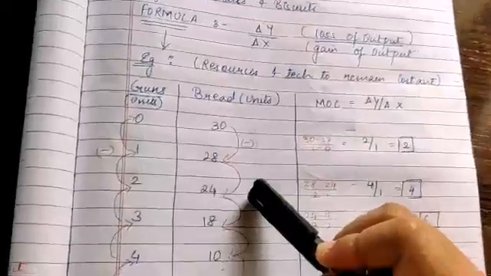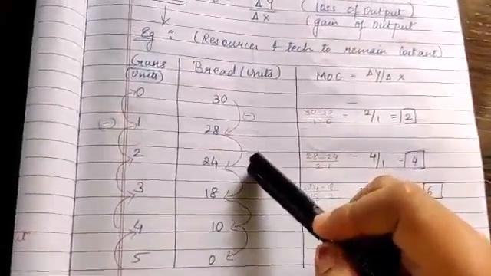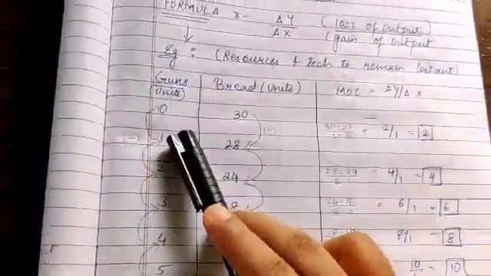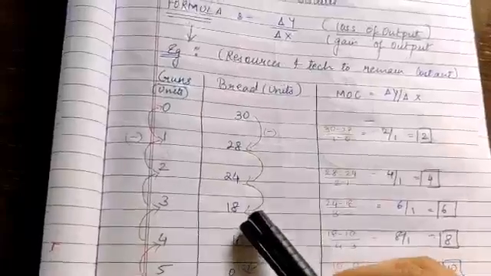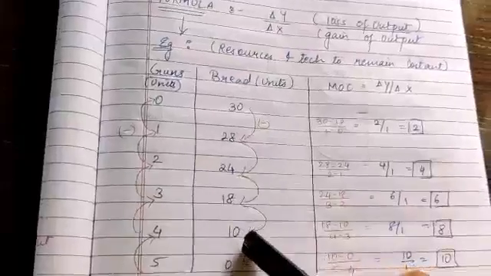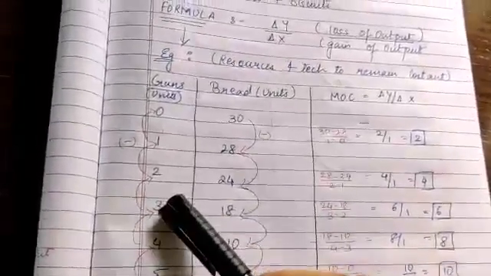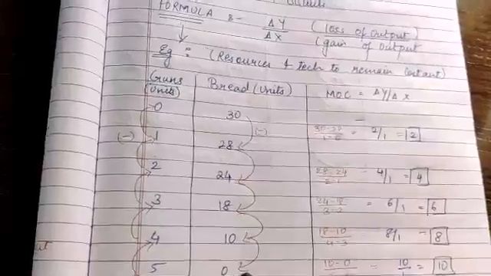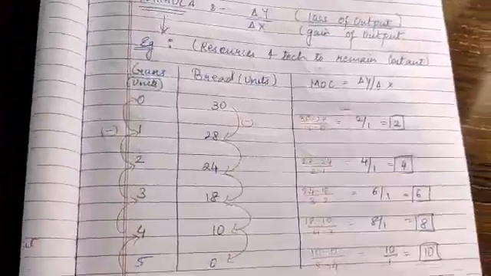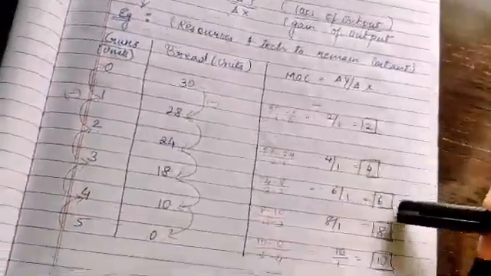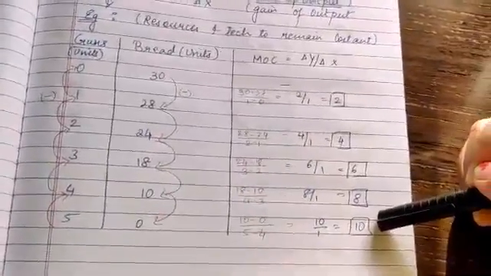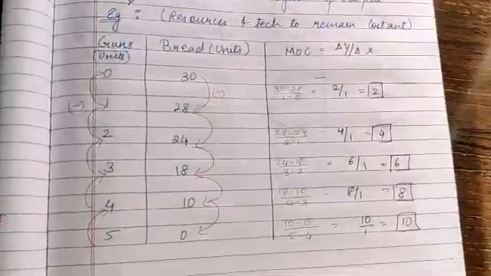Similarly, I have given arrows showing how to calculate: 28 minus 24 divided by 2 minus 1, 24 minus 18 divided by 3 minus 2, 18 minus 10 divided by 4 minus 3, and 10 minus 0 divided by 5 minus 4. So this is how you will get your marginal opportunity cost: 2, 4, 6, 8, 10. It can also be in points, so don't worry, I will give you another example as well.